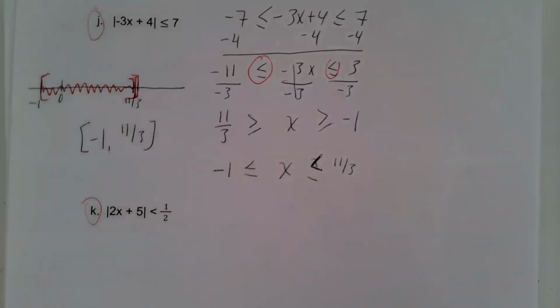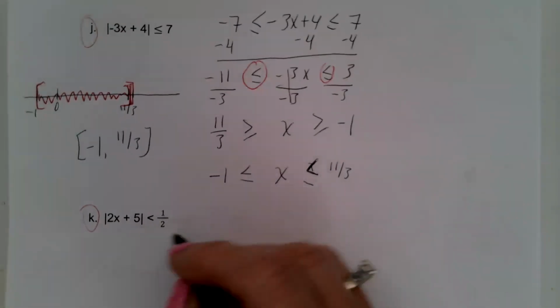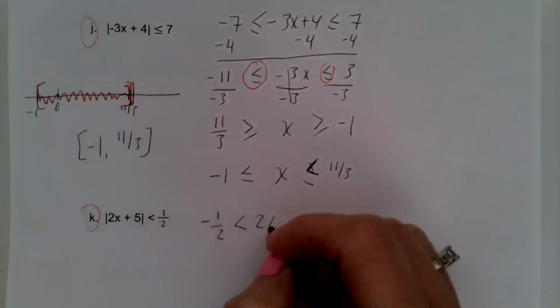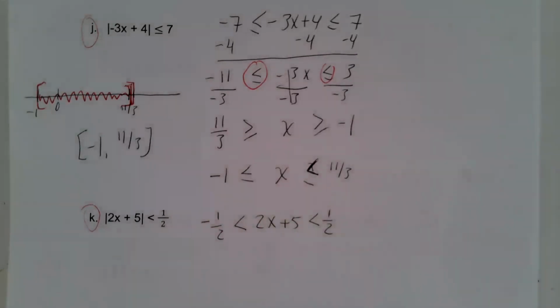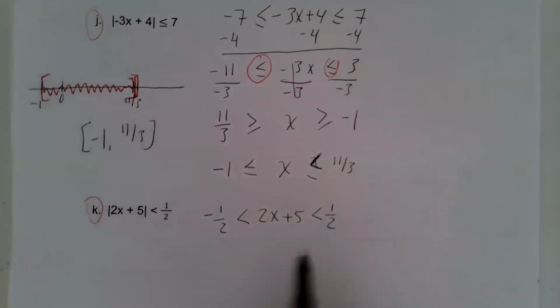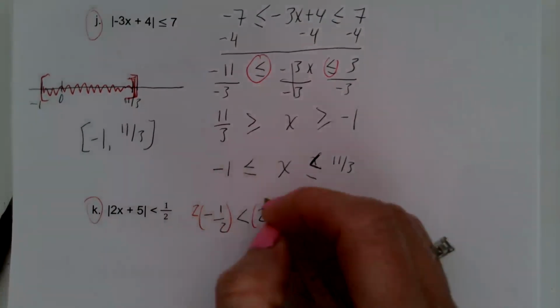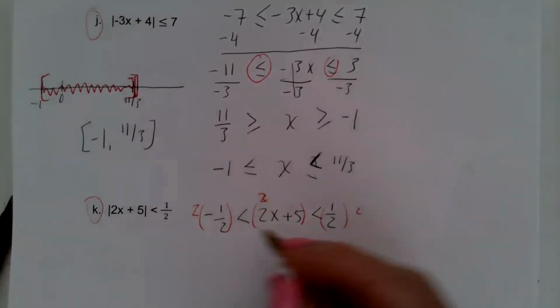Okay, so the last one here is K. It's a less than, so we're going to have a negative 1/2 is less than 2x plus 5 is less than a positive 1/2. Because we have fractions, I'm going to multiply through by my denominator, which is 2, to simplify things.